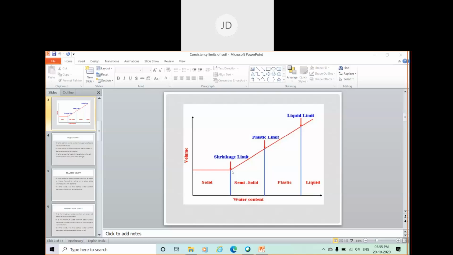At this point you can say the soil is now fully saturated, because if you add this amount of water to the soil, the whole voids will be filled up with water.